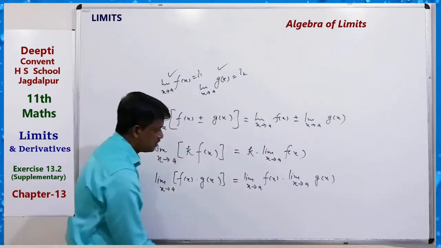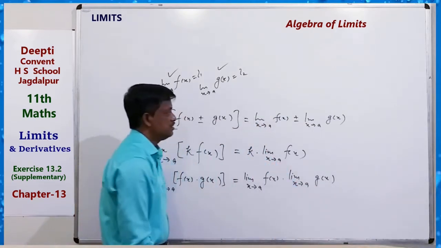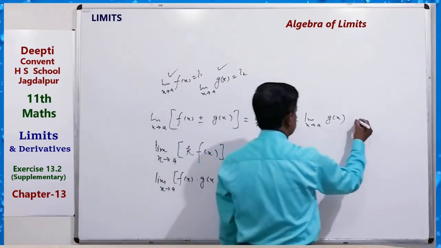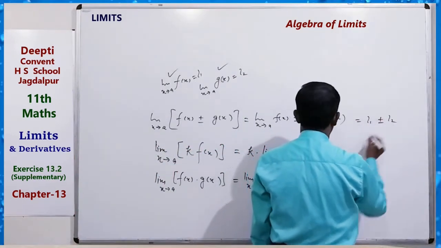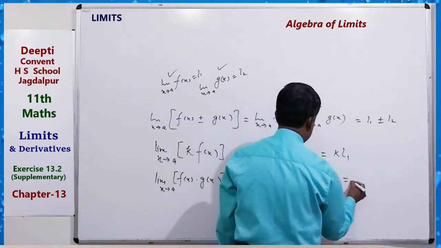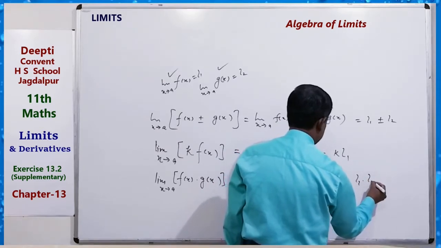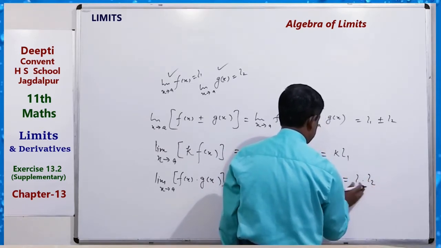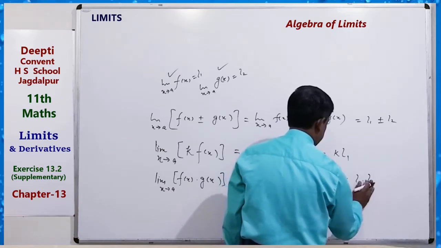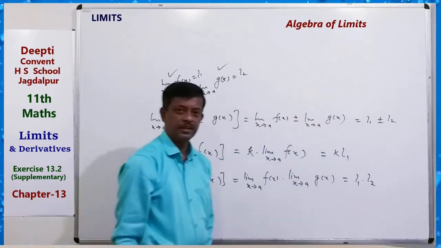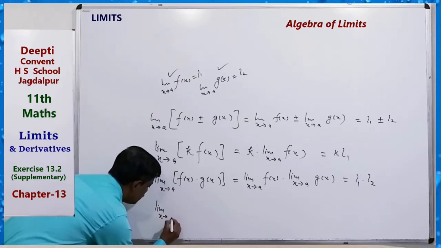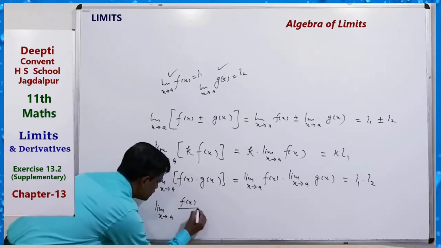So by using this, if the limits are L1 and L2, you get L1 plus or minus L2, k into L1, and L1 into L2. Clear?